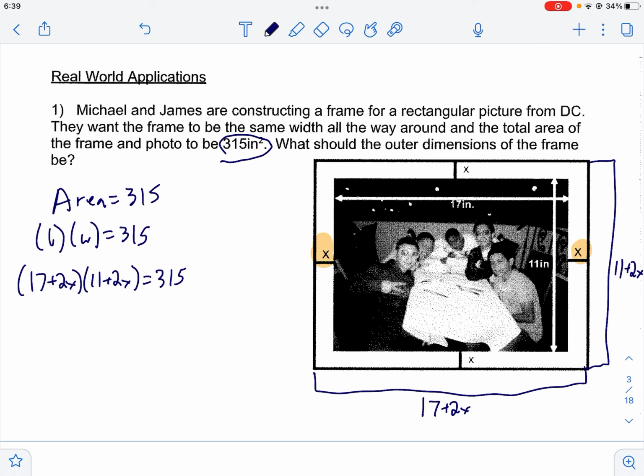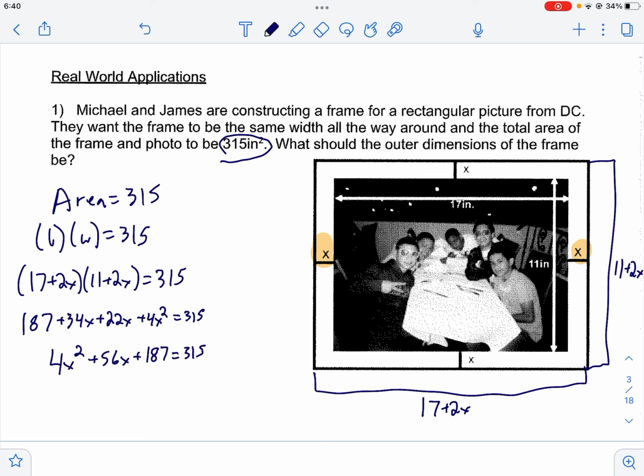All right, so 11 times 17 is 187 plus 34x plus 22x plus 4x squared. We can rewrite all of this information into standard form as one trinomial, 4x squared plus 56x plus 187 equals 315.